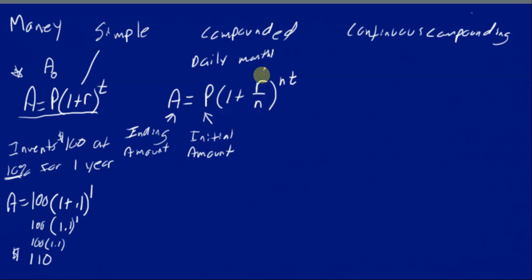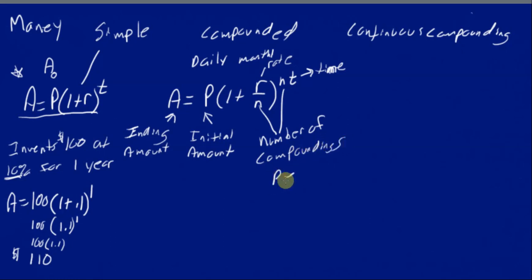R is your rate, obviously. T is time, and with money, time is always in years. Now the N is the number of compoundings per year.